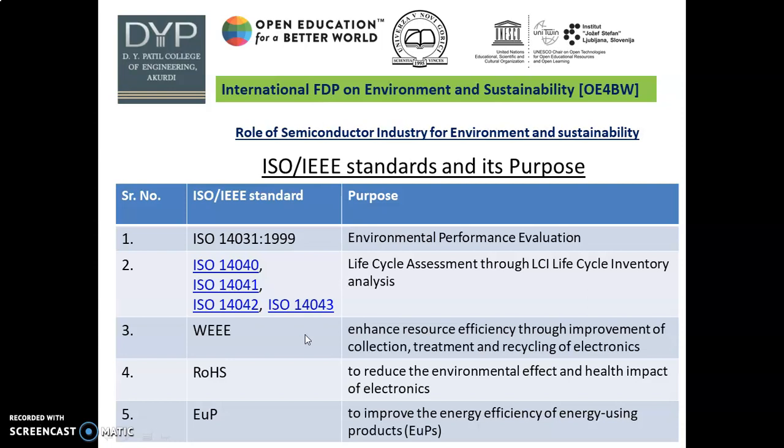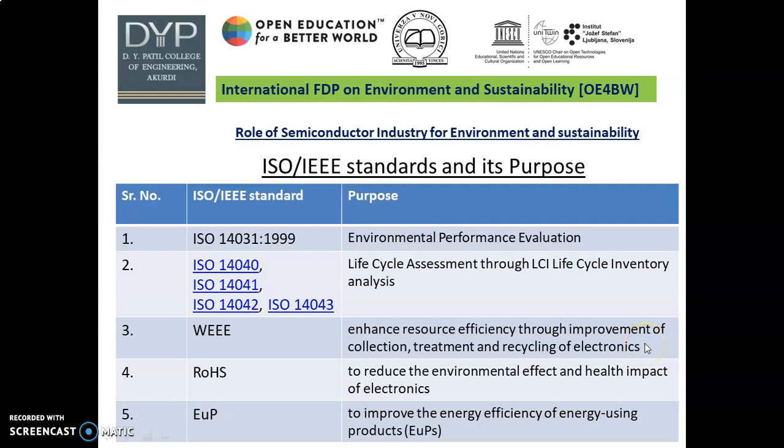The waste being generated is more than 12 million tons. The aim or purpose of this WEEE is to enhance resource efficiency through improvement of collection, treatment and recycling of electronics.